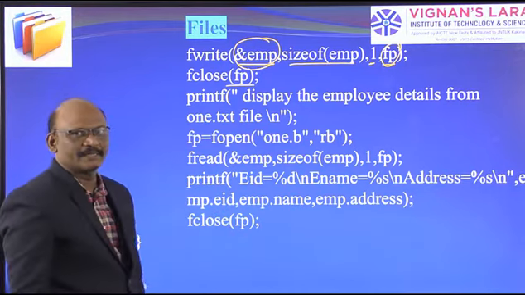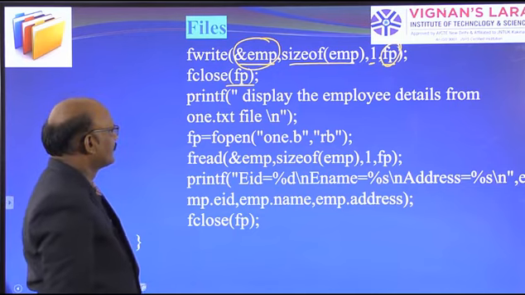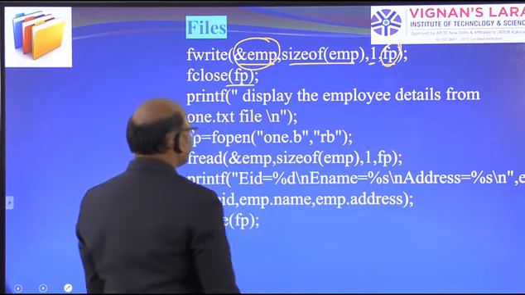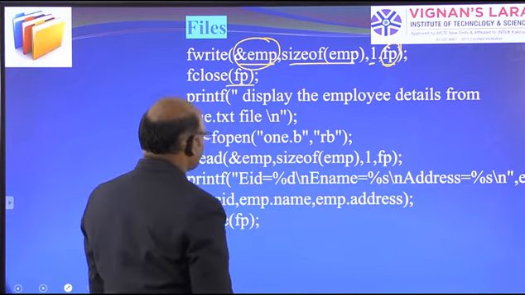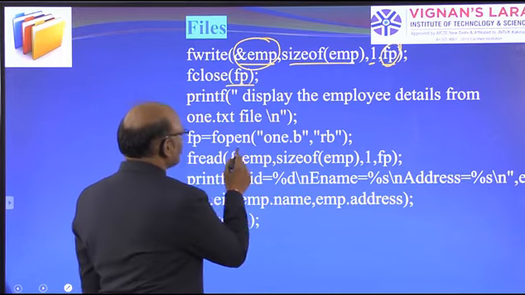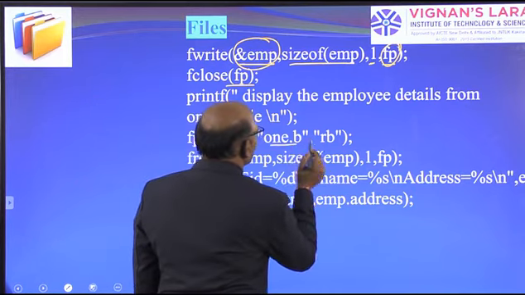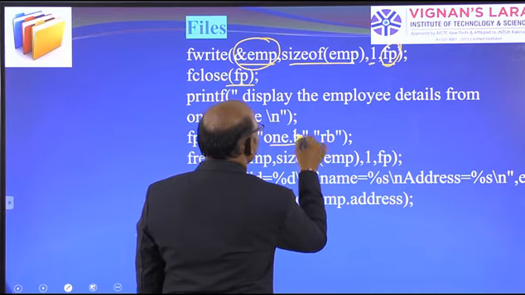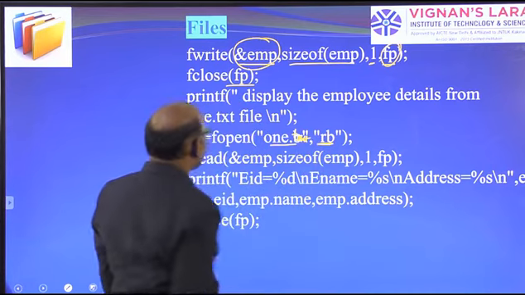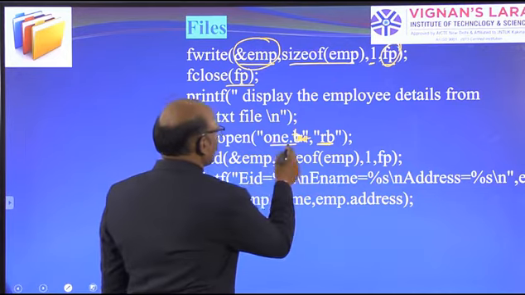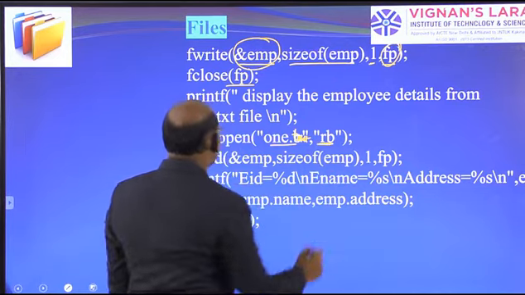Now I want to display the employee details from the file. First open this file in binary reading mode, that is rb.